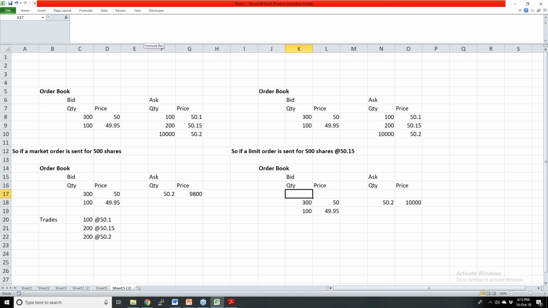However, here, because I did not want to buy anything above 50.15, 300 shares will get traded, 200 shares would be left at 50.15, and here the quantity would be 1050.2, and these are the trades that will happen. Is this clear, guys? Is this clear?